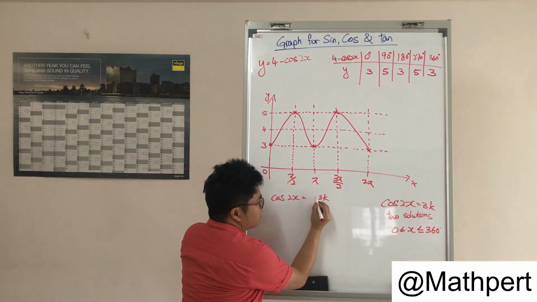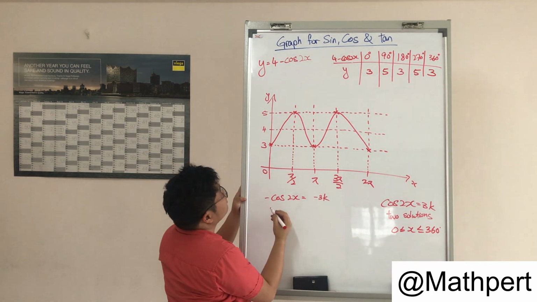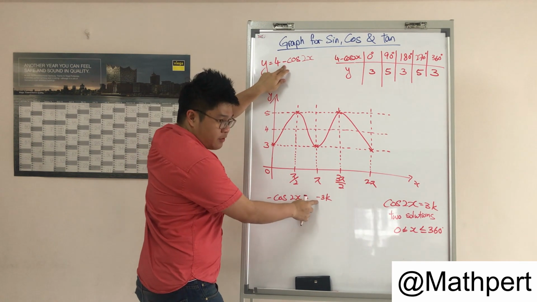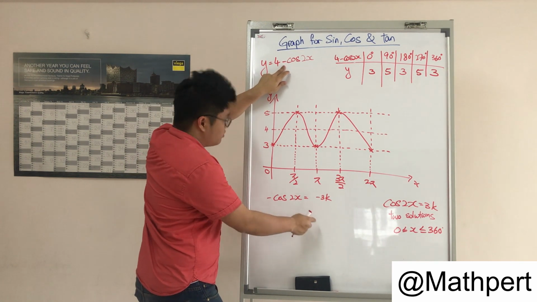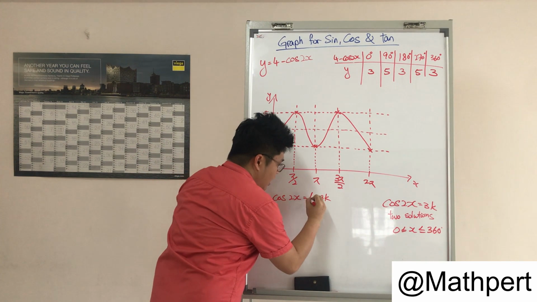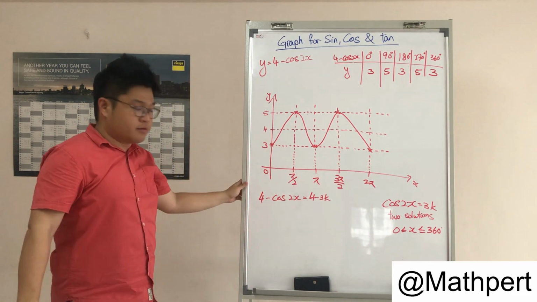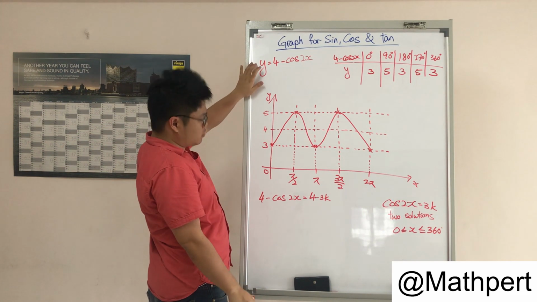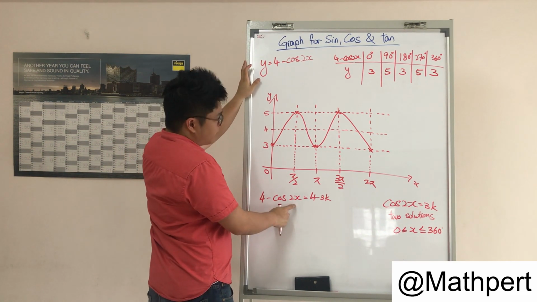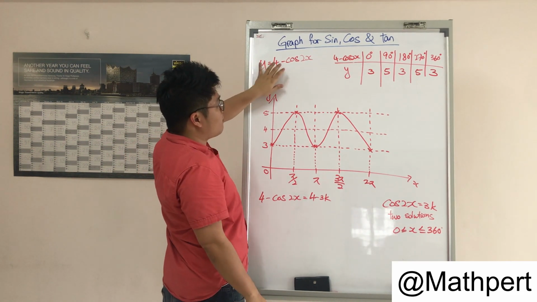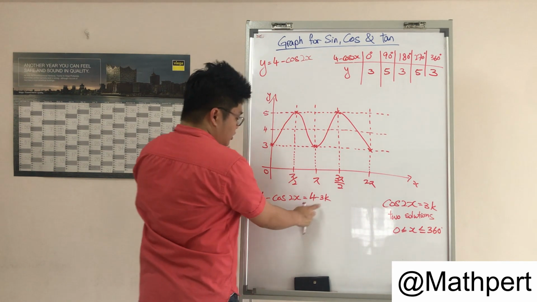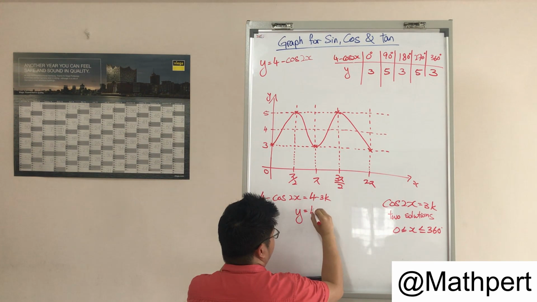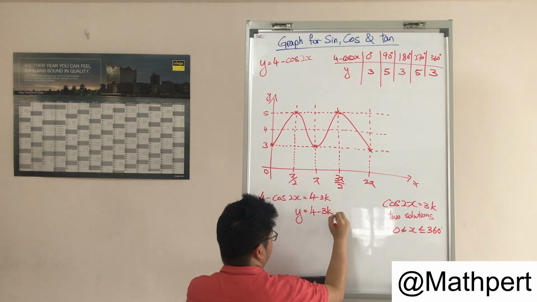So both sides we can add a negative here, because here is a negative, you can cancel it out, still the same. So add a 4 here. Right? So this whole term becomes y. Y equals to 4 minus cos 2x. So this one we can rewrite into y equals to 4 minus 3k.